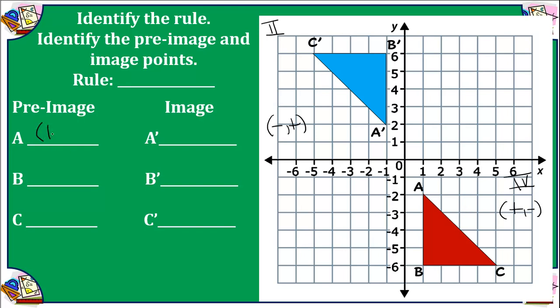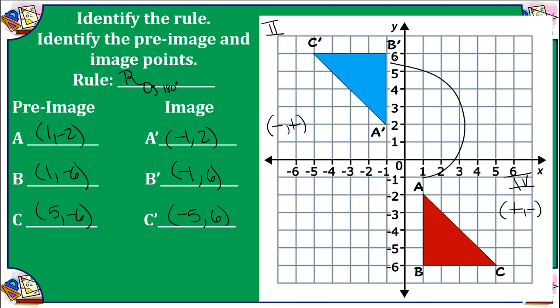So A is (1, -2), B is (1, -6), and C is (5, -6). A' is (-1, 2), B' is (-1, 6), and C' is (-5, 6). So our coordinates did not switch positions, they were only negated, meaning their sign turned to the opposite. So this was a rotation about the origin of 180 degrees. And again, we're going counterclockwise, but even if we went clockwise, it would be the same.